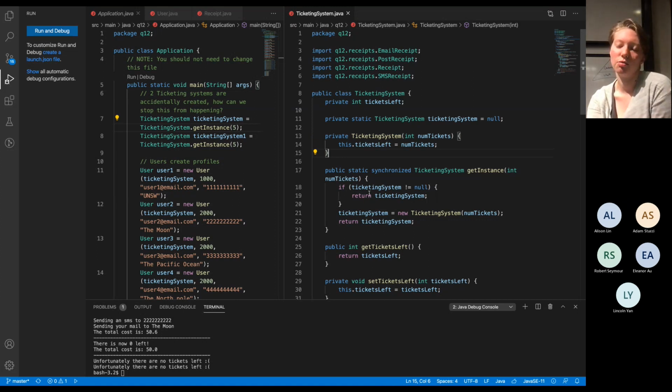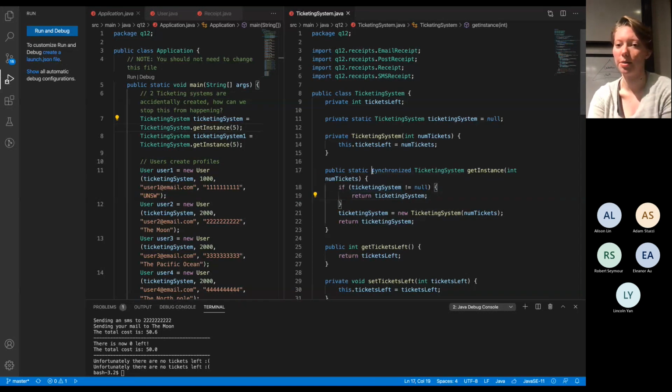This is just a really basic example of the Singleton pattern. We create a static instance here. When getInstance is called, we check whether that instance exists. If it exists, we return that instance. Otherwise, we set the ticketing system instance to a new instance and return it.